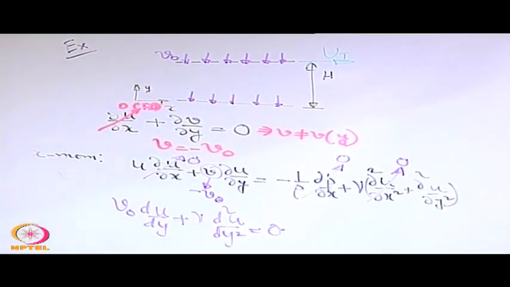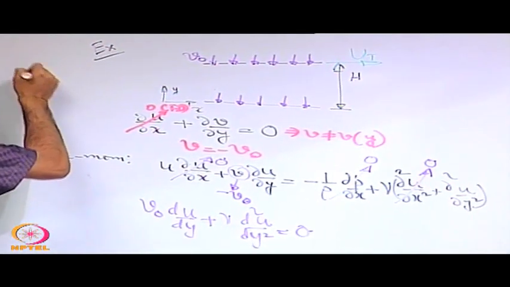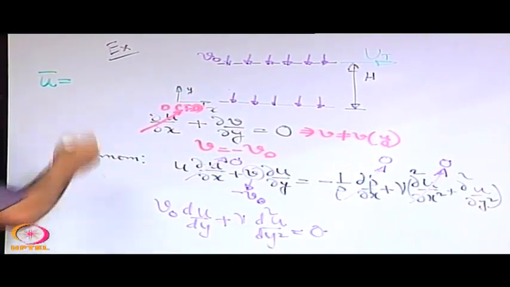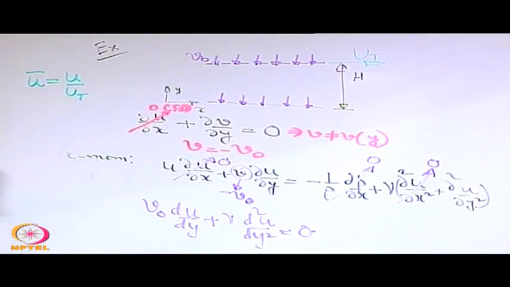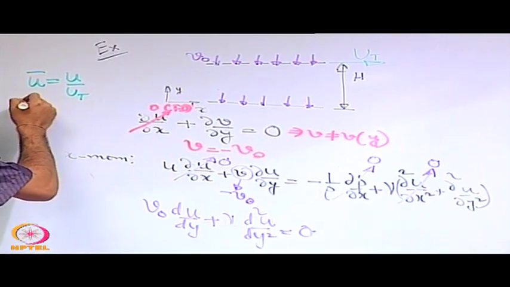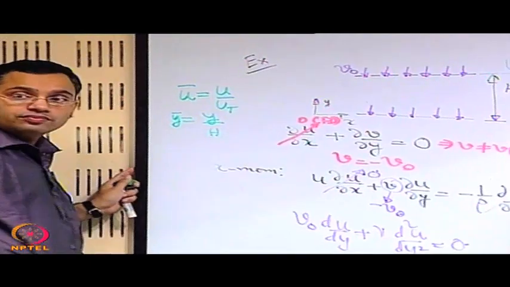Okay. Now sometimes this analysis becomes a bit more insightful if we non-dimensionalize the parameters. So let us use some non-dimensional parameters. Let us say u non-dimensional is equal to u divided by u of the top plate, and let us say y non-dimensional is equal to y by h.